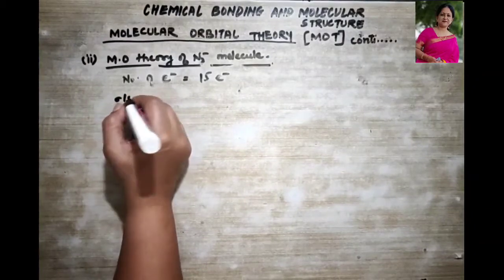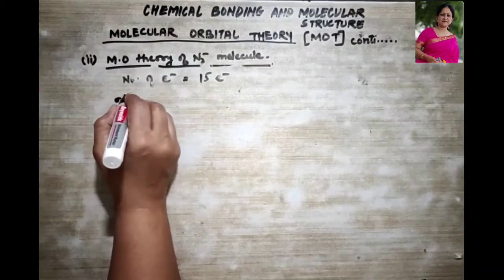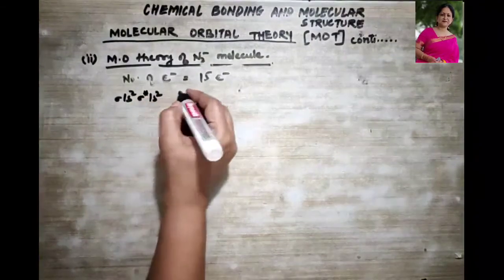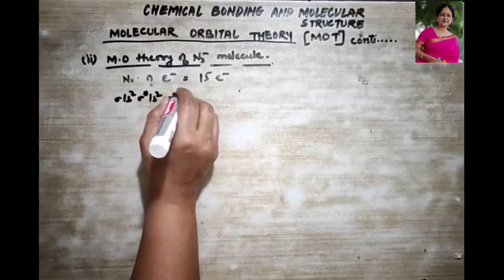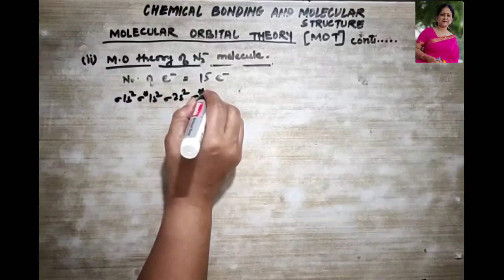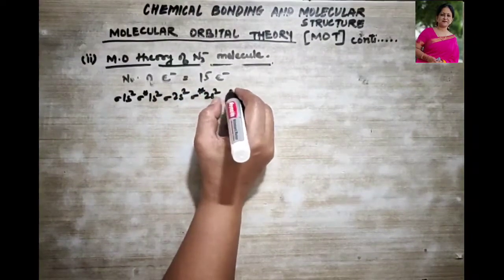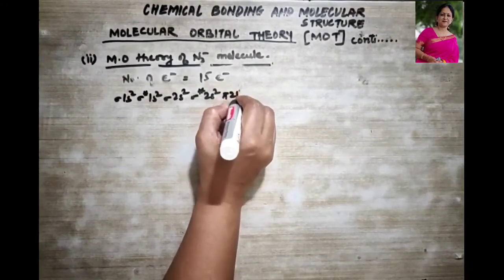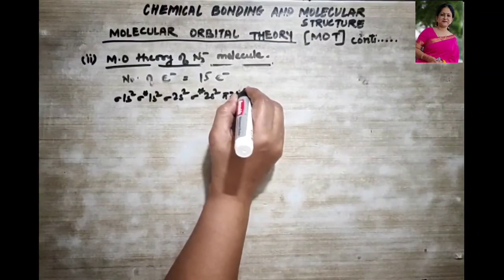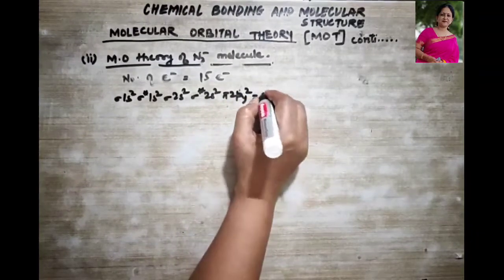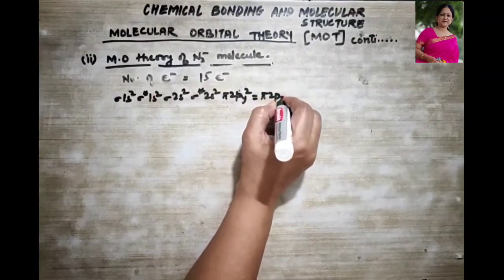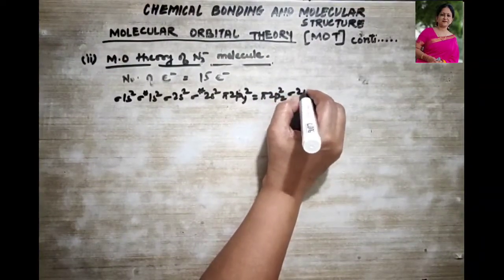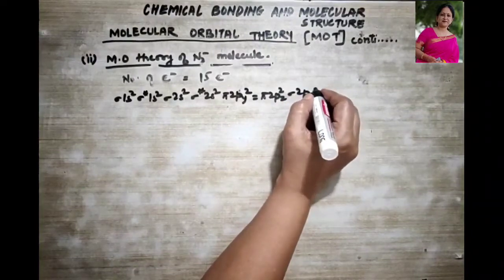Sigma 1s squared, then antibonding 1s squared, then sigma 2s squared, antibonding 2s squared, then pi 2py squared, which is equal to pi 2pz squared, sigma 2px squared.